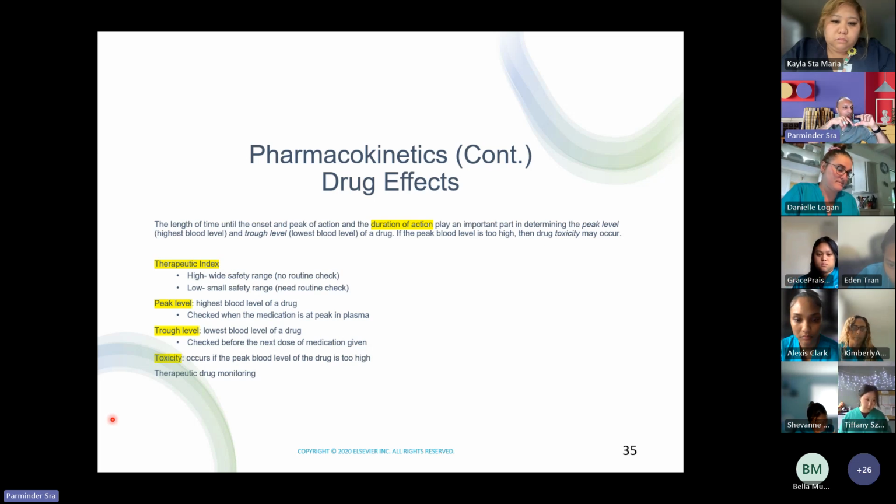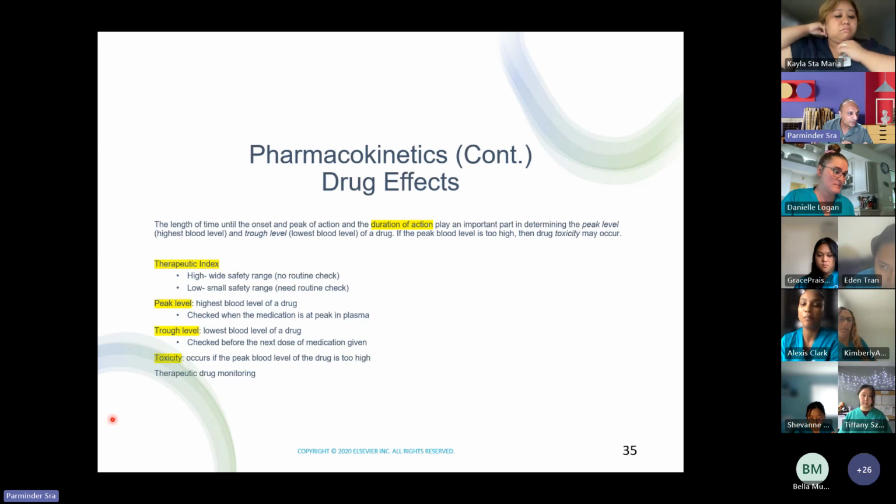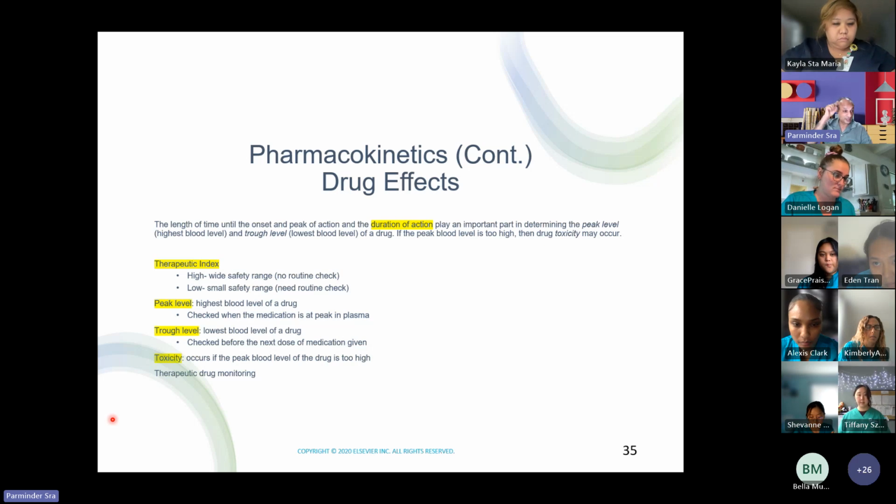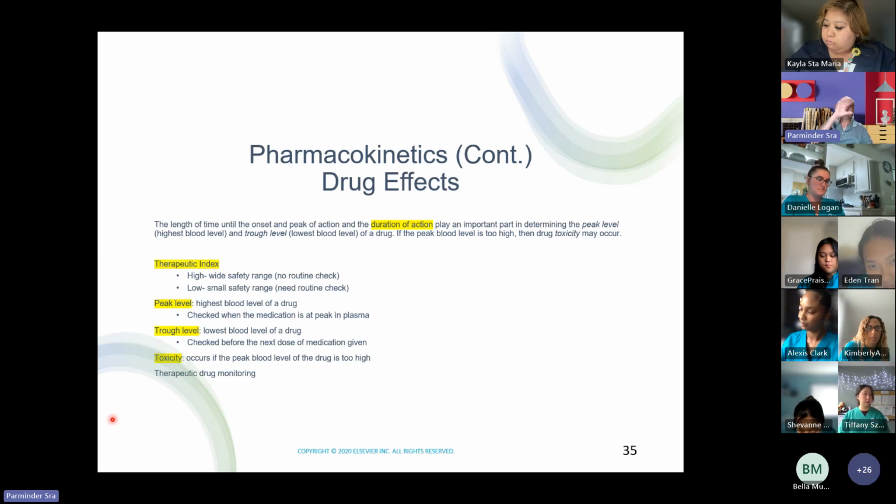So if the dose is below the lower limit, the drug is not going to produce a therapeutic effect. And if it goes beyond the high limit, the patient may experience toxicity because the drug is too much in the system. Make sense? Clear to everyone? So these are two things, low and high. Therapeutic index is important in drugs which fall under the category of narrow therapeutic index.